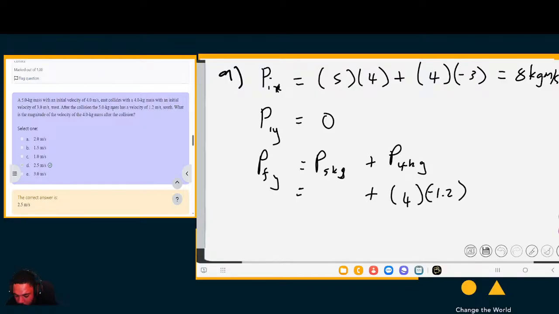Got to check something. We don't know what the 4 kilogram mass velocity is after the collision, so that is what we want.